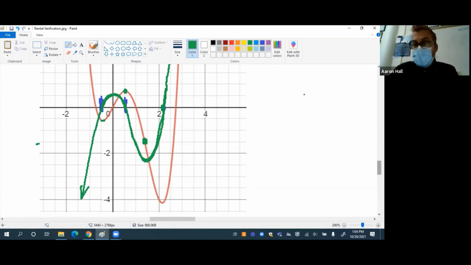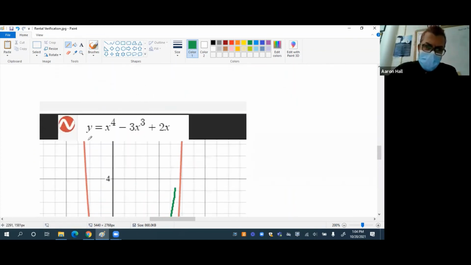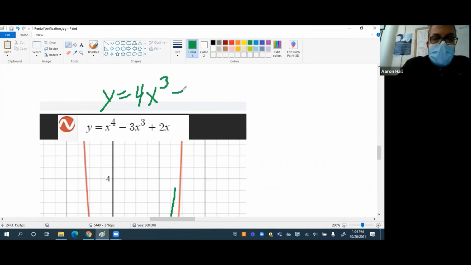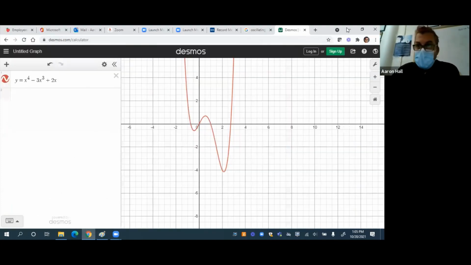Which should make sense. All right, let's see how we did. What should our derivative function be using our power rule? 4x cubed minus 9x squared plus 2. Let's see how we did.